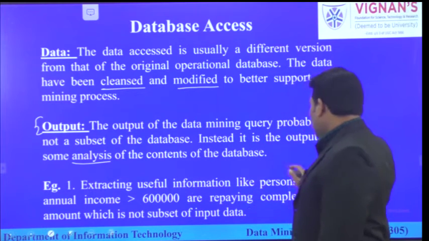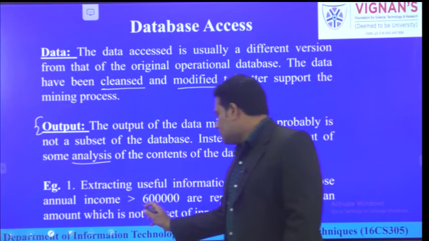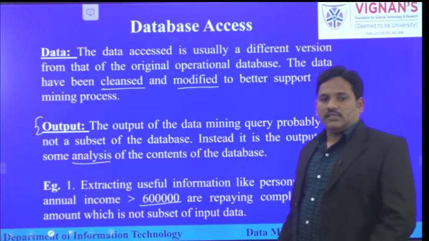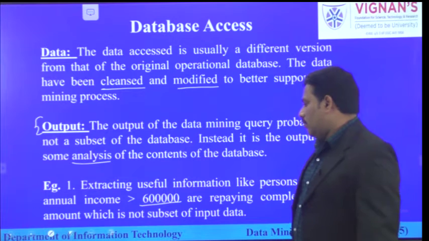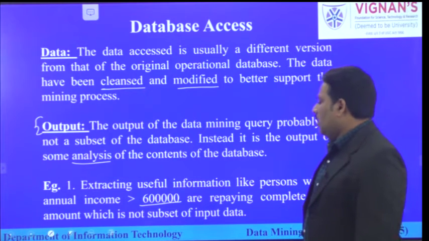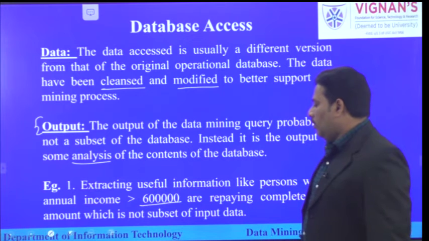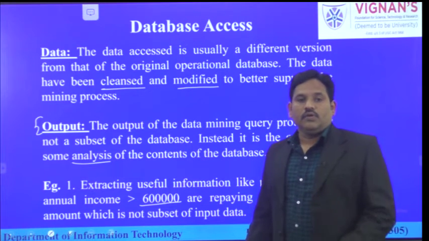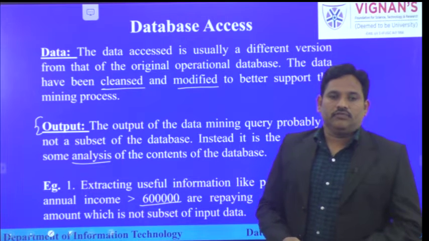Extracting useful information, like persons whose annual income is greater than 6 lakh. Let us take a set of customers or people whose income value is greater than 6 lakh and who are repaying the complete loan amount, which is not a subset of the input data. That means we have some loan-related information.